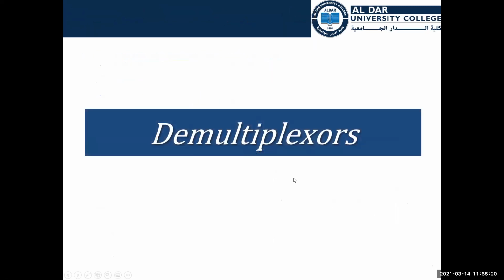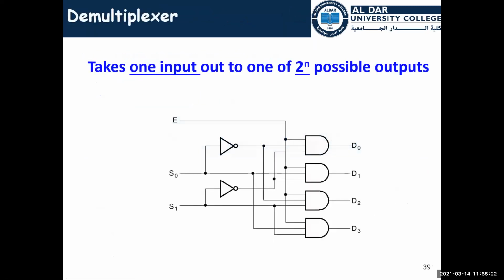Okay, demultiplexers. The demultiplexers are the opposite of multiplexers. They have the input and the select inputs S0, S1, and we will enable only one value at the output.